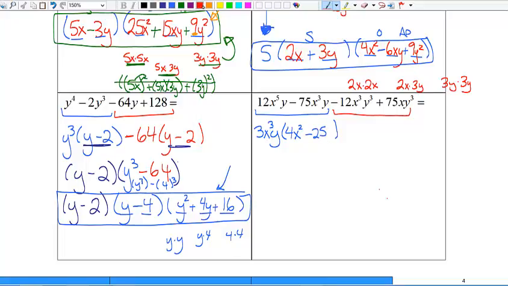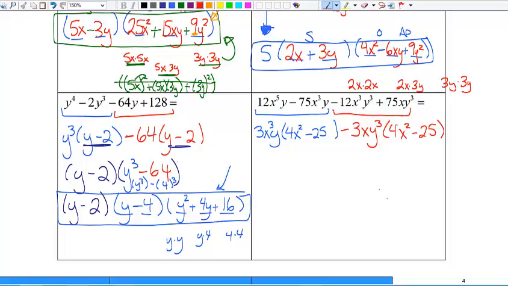In my red group, it looks like I can factor out a negative 3xy cubed, which leaves me with positive 4x squared. Positive 75 divided by negative 3, that's a negative 25. Xy cubed divided by xy cubed is 1, and then I don't need to write it.